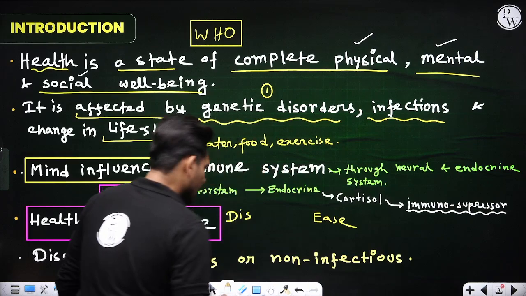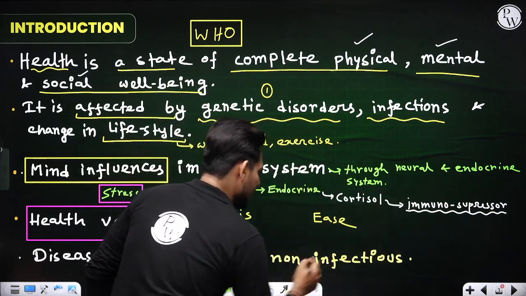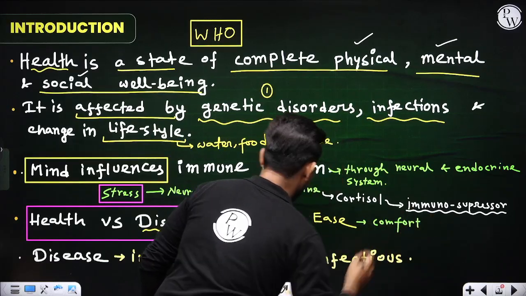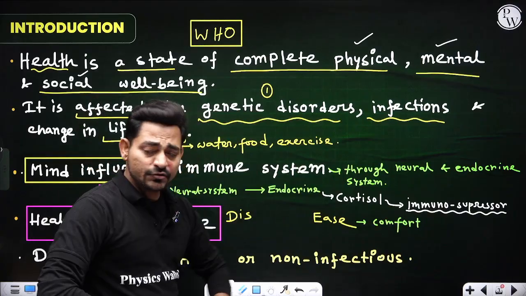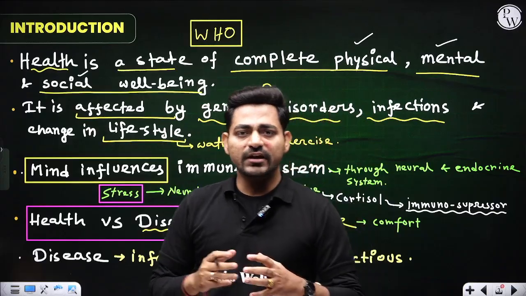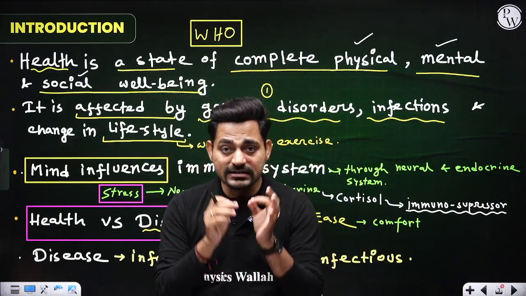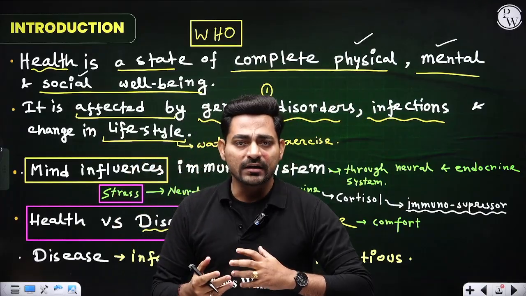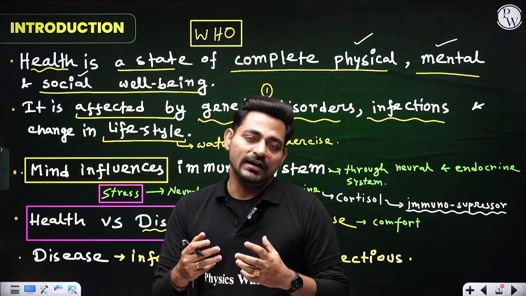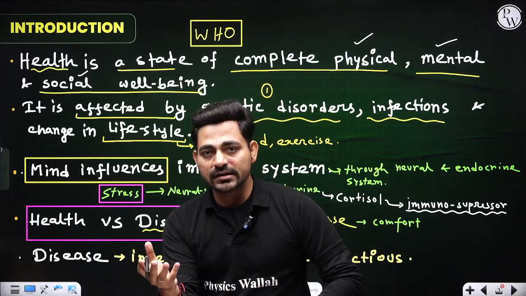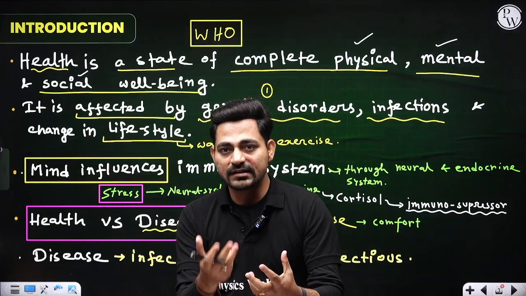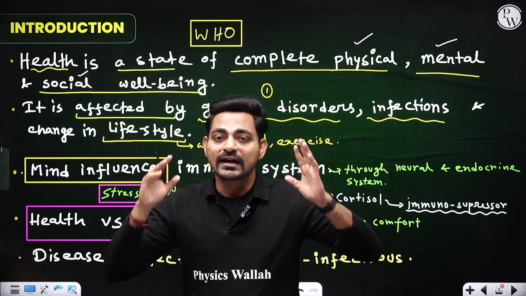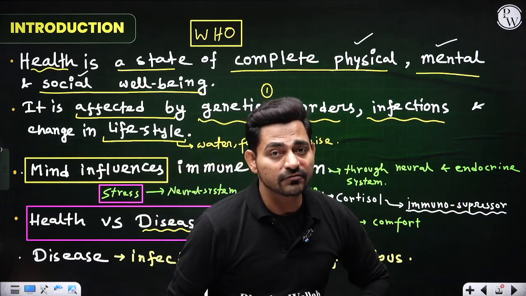Dis means opposite and ease means comfort. So basically it is a kind of discomfort. When one or more organs or systems are not performing accordingly, that leads to dysfunction of that particular system, organ or physiological activity inside our body, and that condition we call disease, because it is causing discomfort in our life.